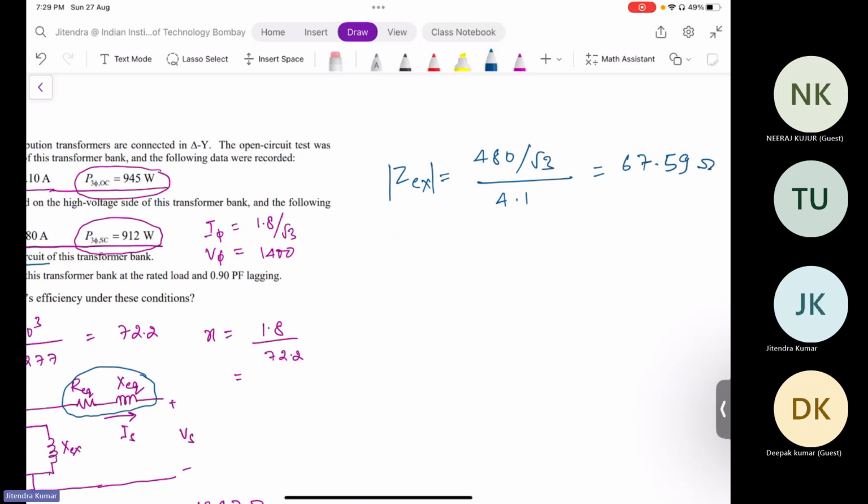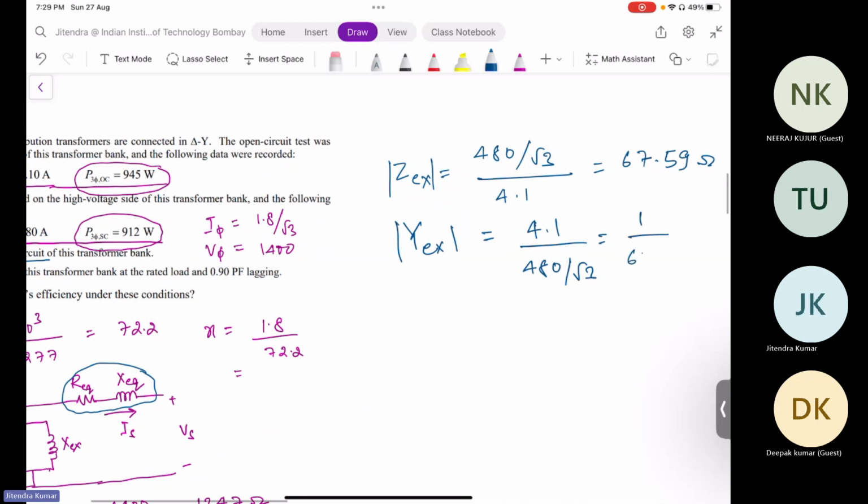But don't you think it will lead to a bit lengthy computation? We have to distribute it in parallel. So it's better that we compute Y excitation as 4.1 divided by 480 by root 3. It will come out to be 1 by 67.59 ohm, and it will give you some Siemens.